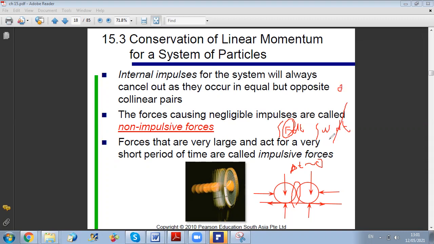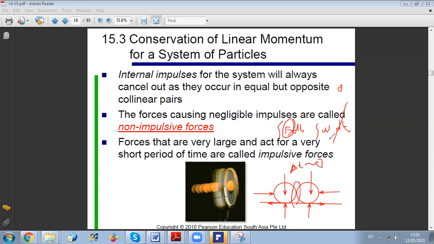So in this case, all other forces are non-impulsive, and the external forces to the system are non-impulsive forces, then we can apply the conservation of impulse and momentum on the system. This is the strategy that we will generally use when we have a collision.